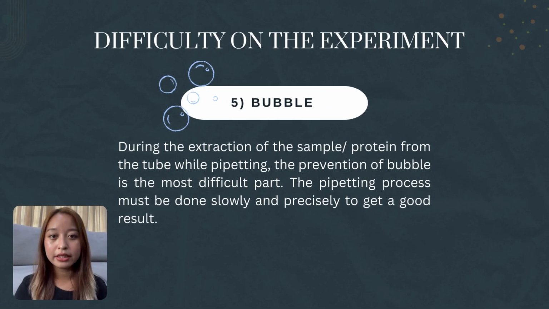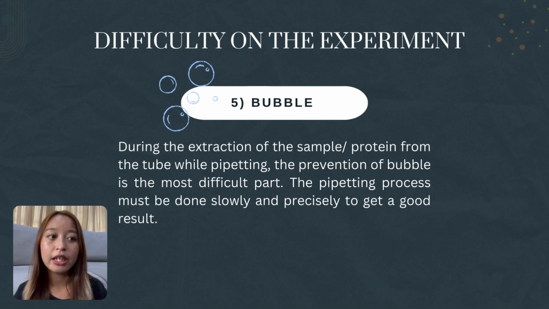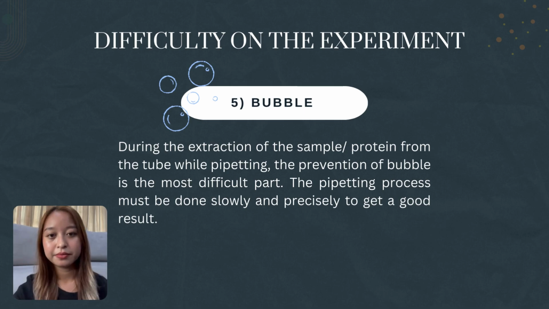The fifth difficulty that we encountered was bubbles. During the extraction of the sample from the tube while pipetting, the prevention of bubbles is the most difficult part. The pipetting process must be done slowly and precisely to get a good result.